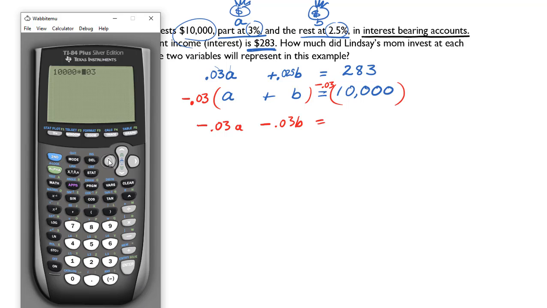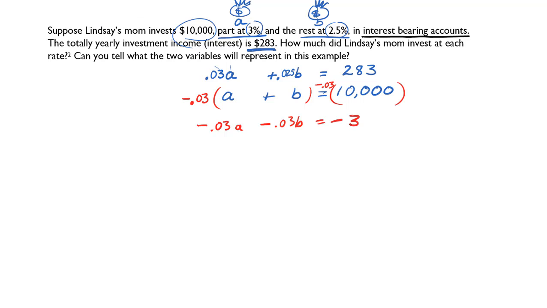And it is negative. Let's put a negative in front of it. There we go. So that is negative 300. That is what I get when I multiply through both sides of this second equation by negative 0.03.